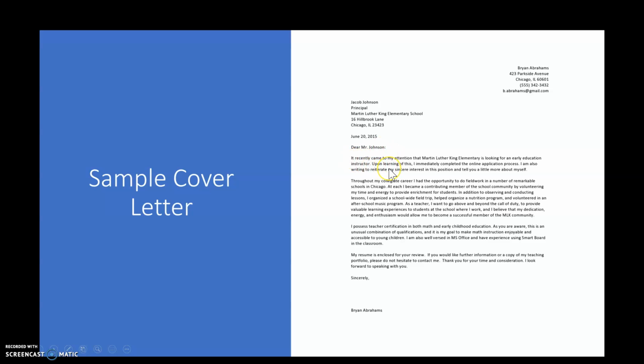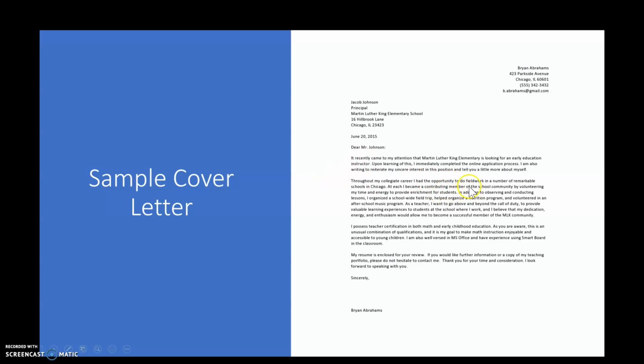Your introduction: It recently came to my attention that Martin Luther King Elementary School is looking for an early education instructor. Upon learning of this, I immediately completed the online application process. I am also writing to reiterate my sincere interest in the position and tell you a little more about myself. So this says what position he's applying for, and expresses his interest in the position.